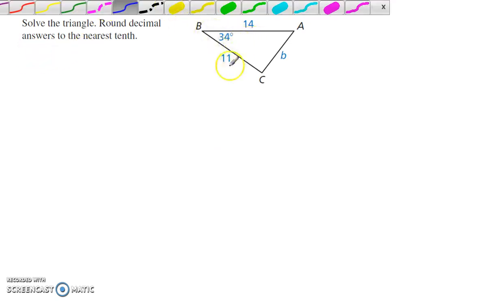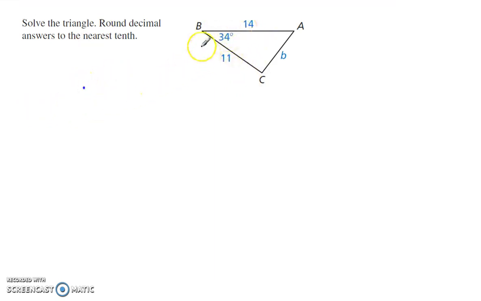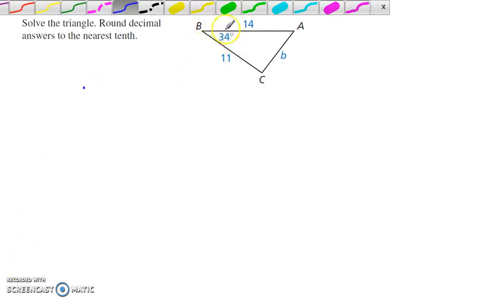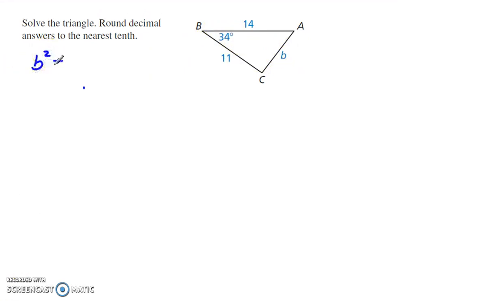Okay, here we know two sides and an included angle, side angle side. So we know angle B. We're looking for the measure of b. All right, so we'll set this up using b squared is equal to, okay, we'll use the other two, so a squared plus c squared minus 2ac times cosine B. All right, let's plug that in.